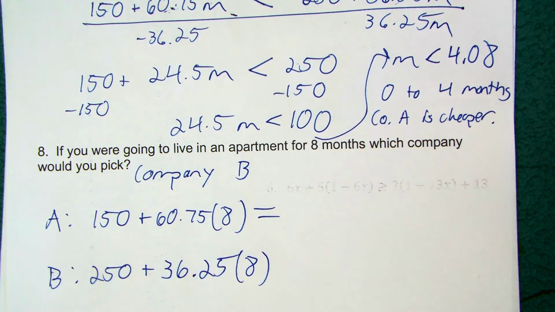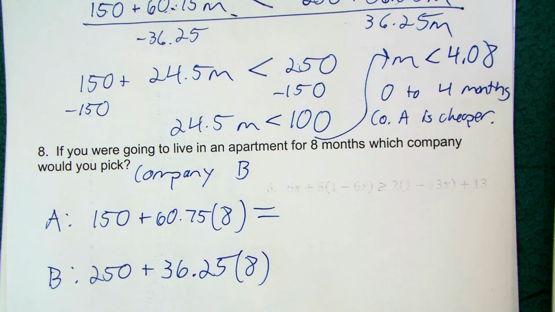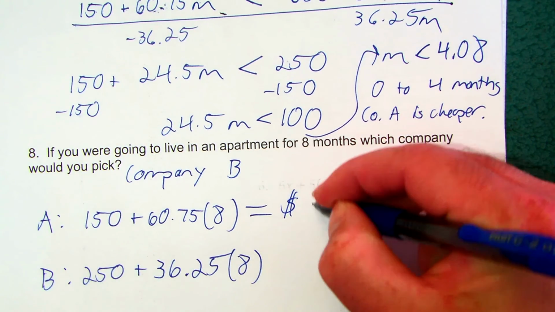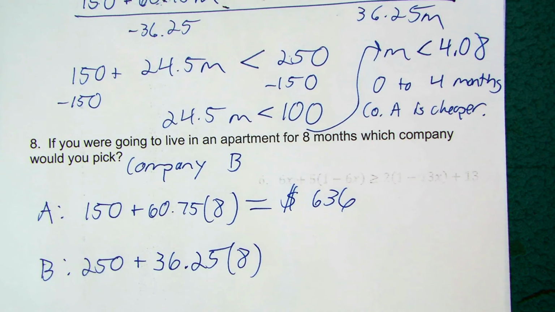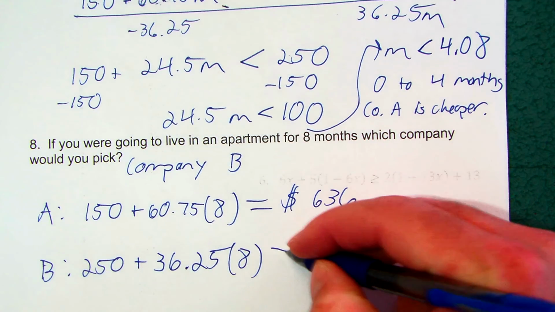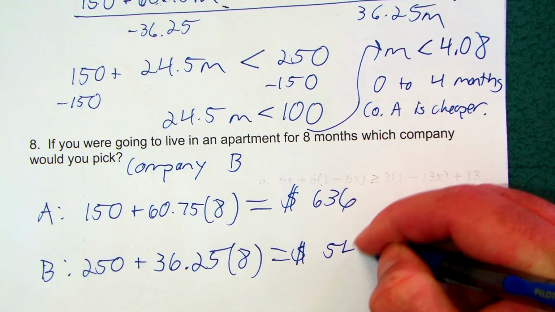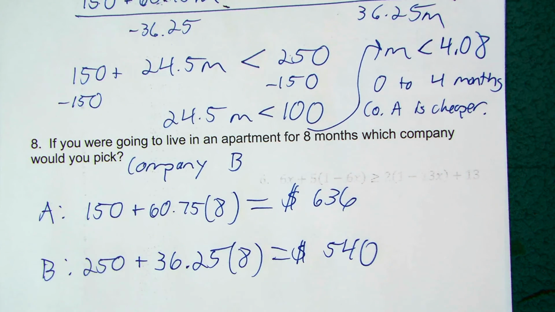So company A for 8 months would be $636. Company B would be $250 plus 36.25 times 8. $540. So we're just reaffirming what we already said, that for 8 months, we'd want to go with company B.